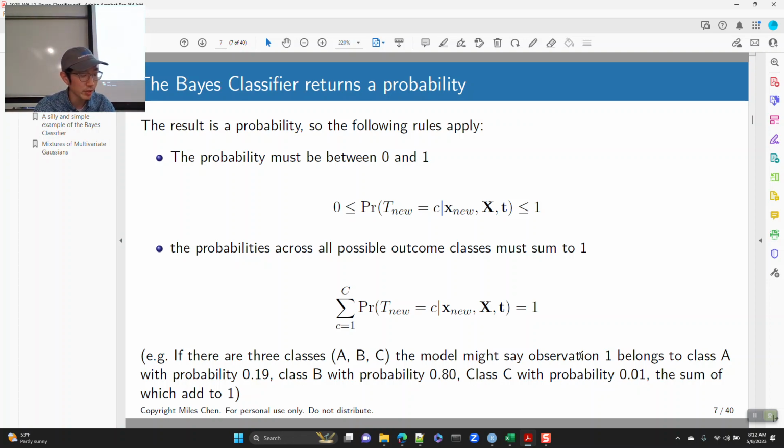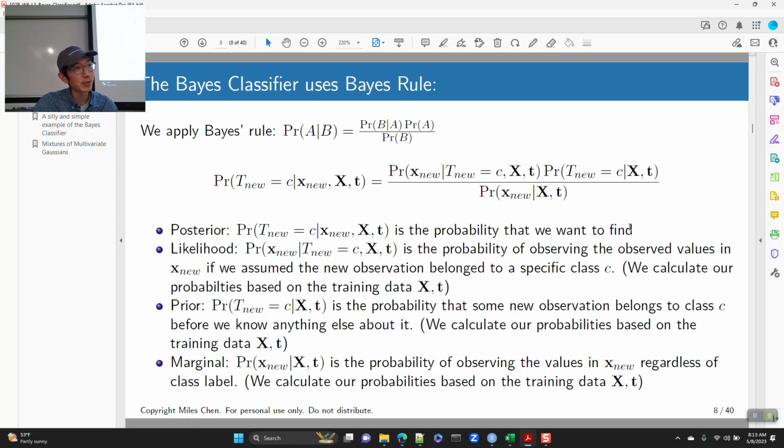These are all things that make sense to us, but it's good to explicitly write them out so we can always check our own work at the end of the day and ask, does this make sense? If somewhere along the way you're getting a value greater than 1, we know we did something wrong. And if we get a bunch of values but they don't add up to 1, we also know we did something wrong.